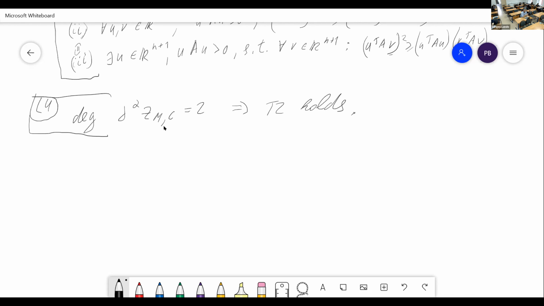But if the degree is 2, then the Hessian is just a constant, yeah? I think this is a constant. Not necessarily true. I think that in this case, no, yeah, you're right.